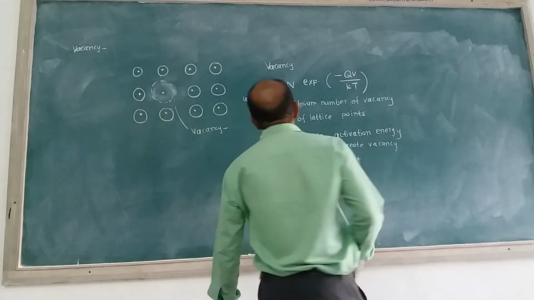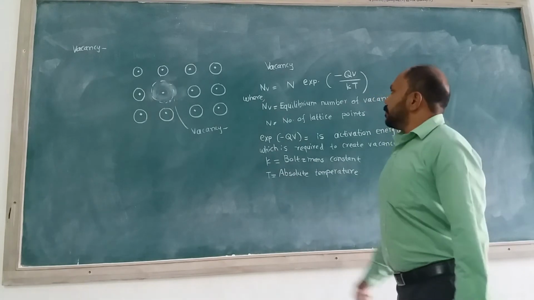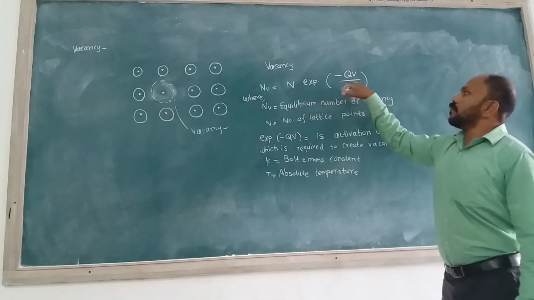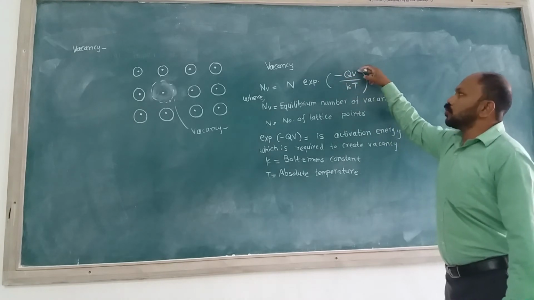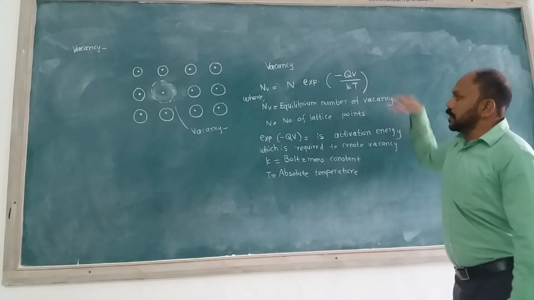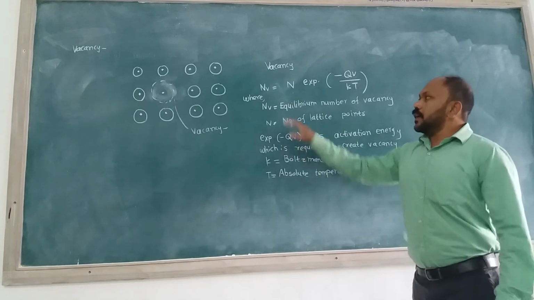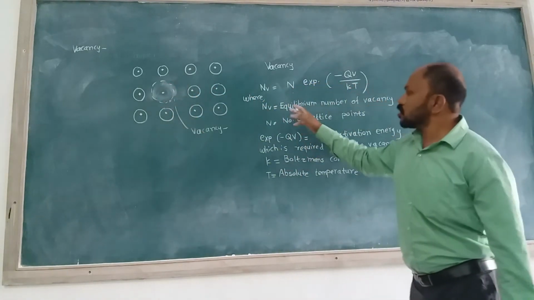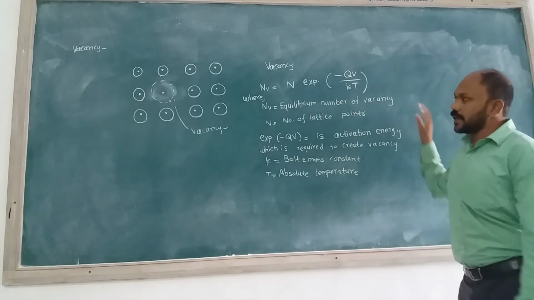So what is the formula? The formula is NV equals N times exponential of minus Q_V divided by K times T. What is this NV? NV is the number of vacancies available, or it is also called the equilibrium number of vacancies.